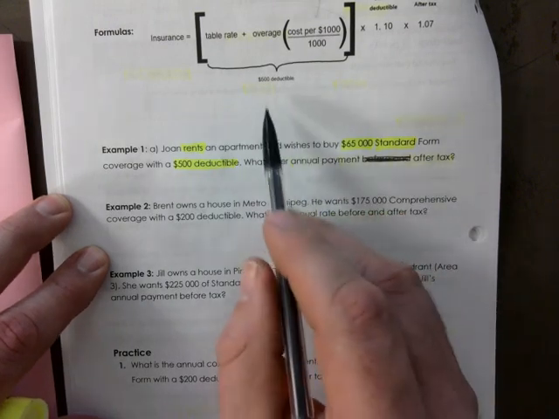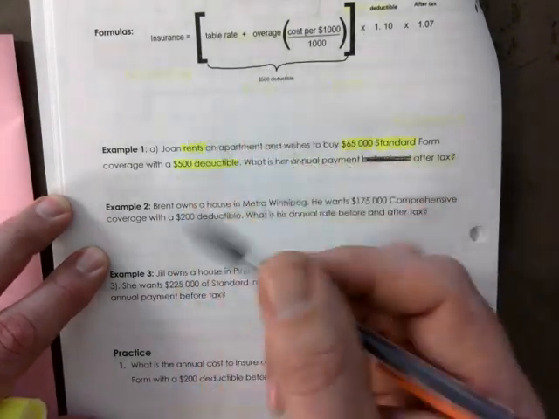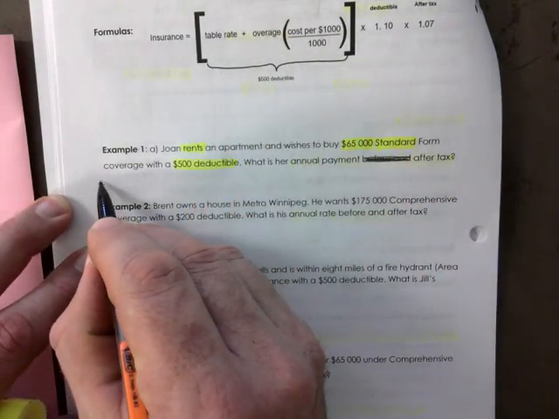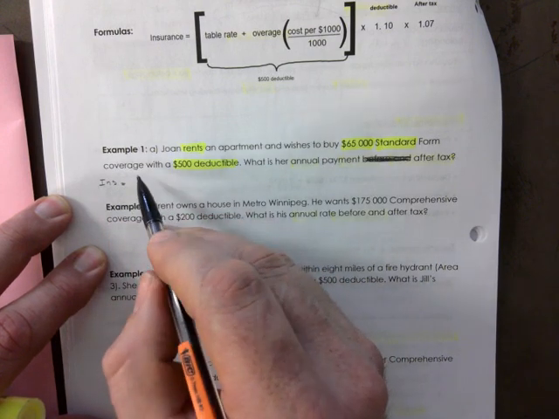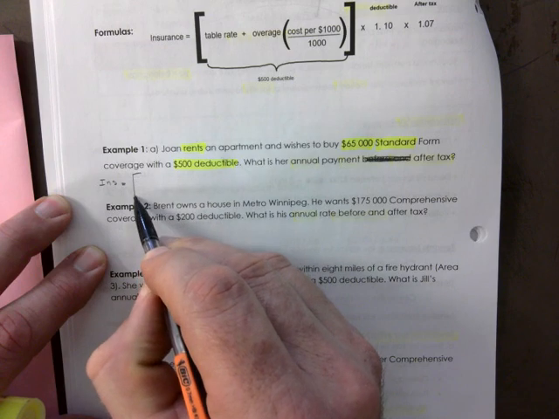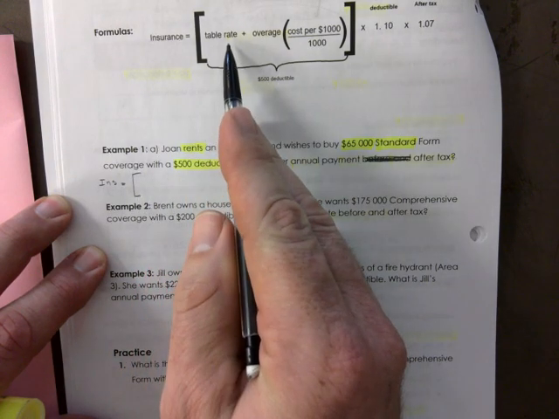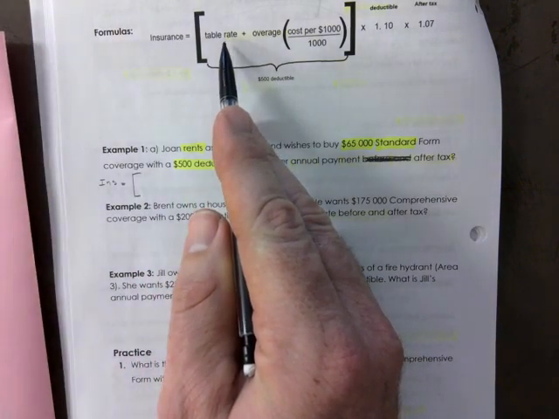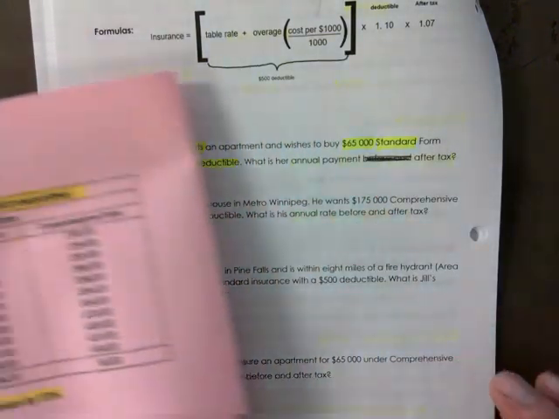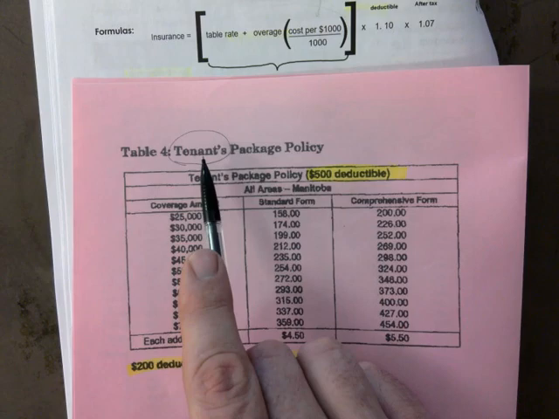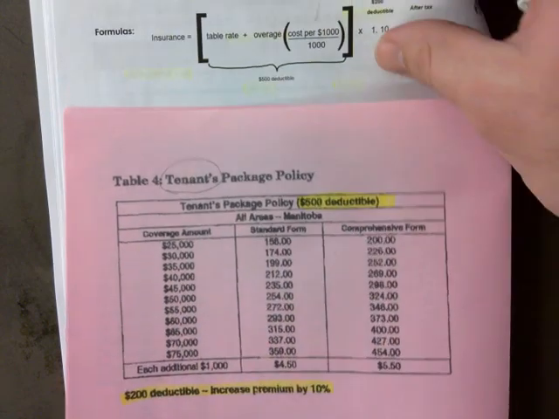And we will use this formula up here. So you go insurance is equal to square bracket, the table rate. Every single question will have that one. So let's go get our table. And we're renting, right? So it's going to be this one, tenant insurance.